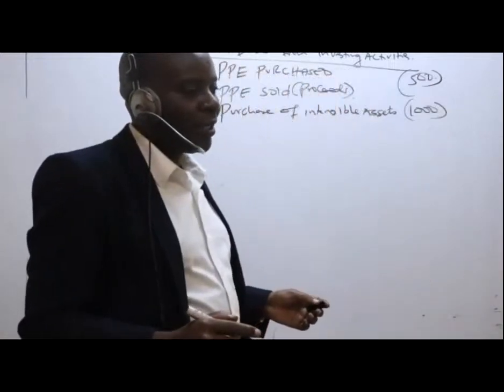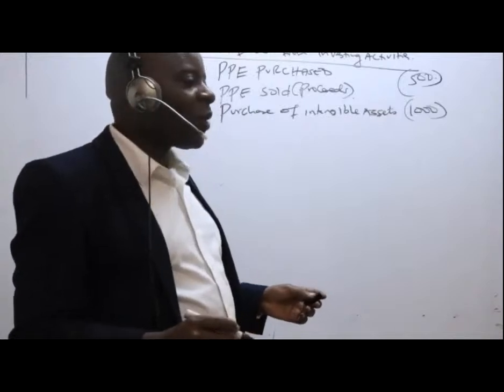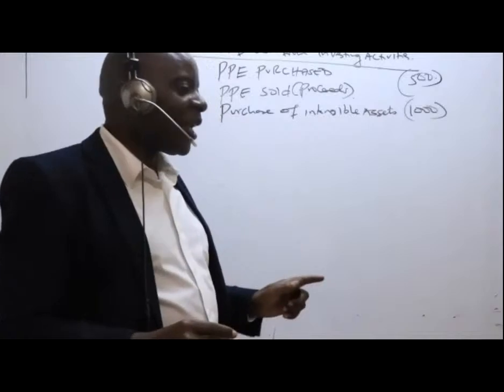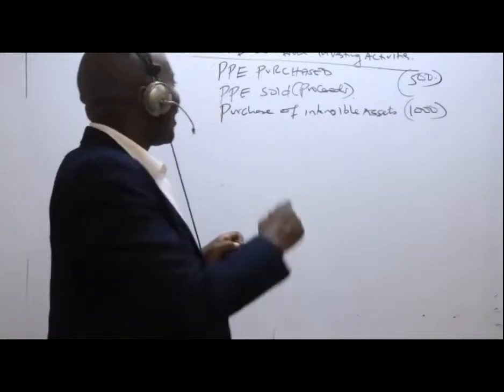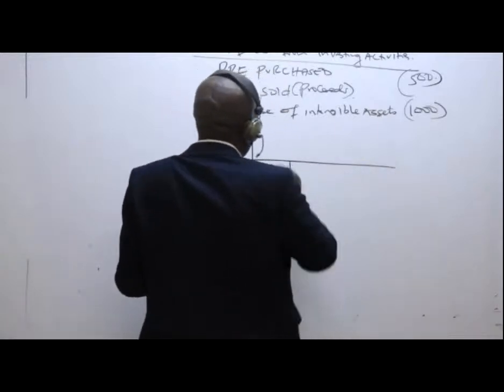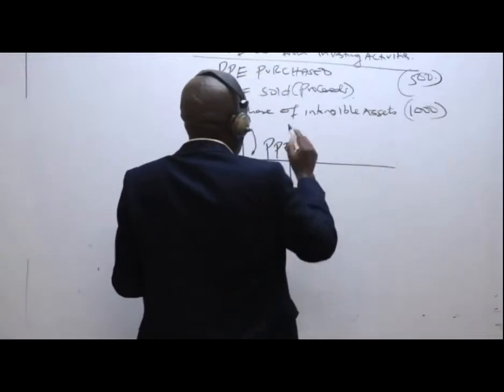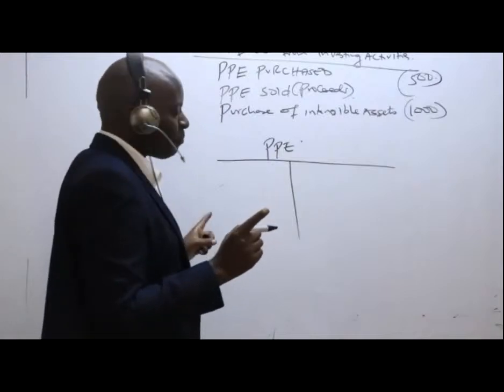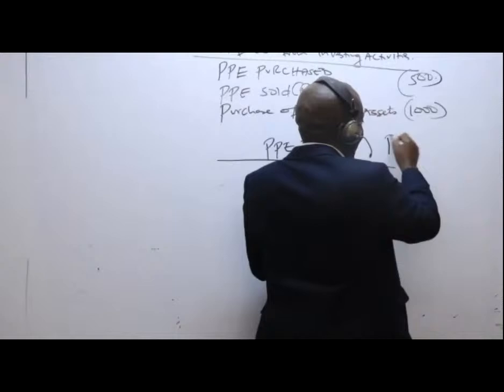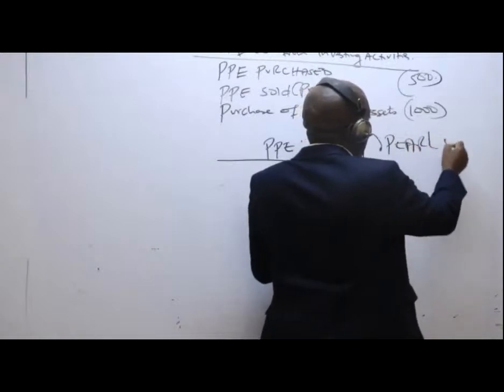Now, to get the proceeds from PPE sold, from my experience, most students would prefer a T account. So PPE. Whenever you're doing a T account, you must remember our acronym of PALS.